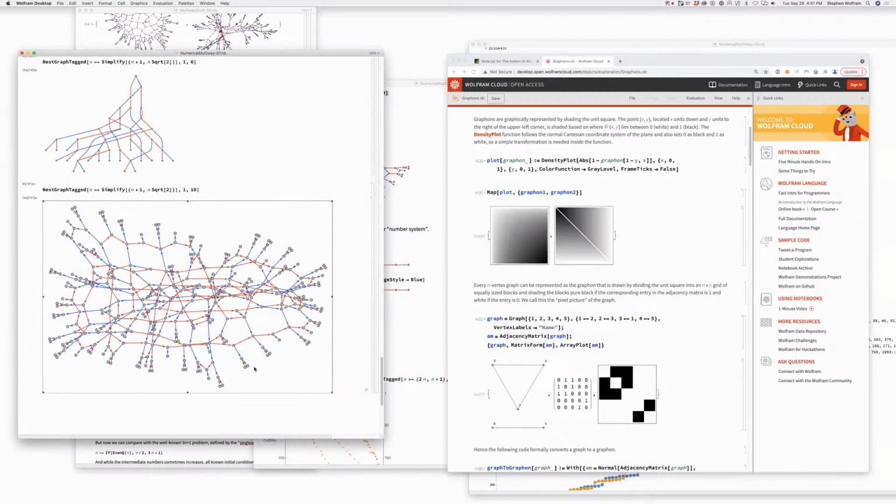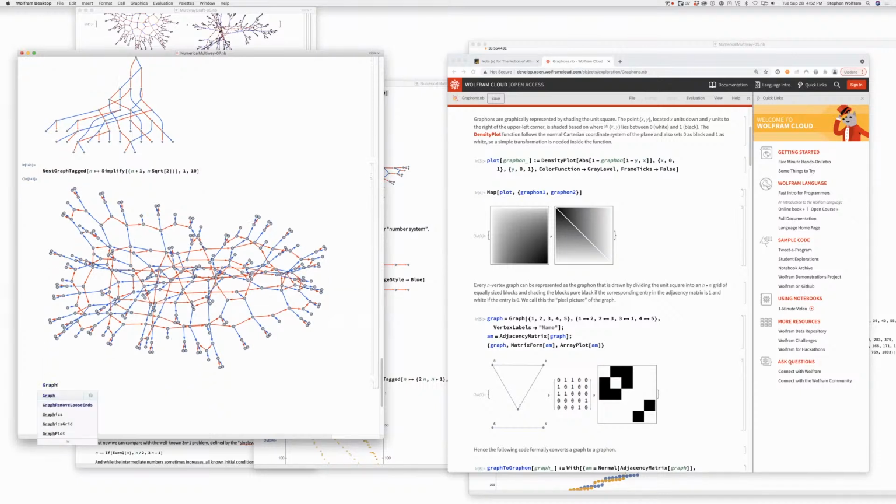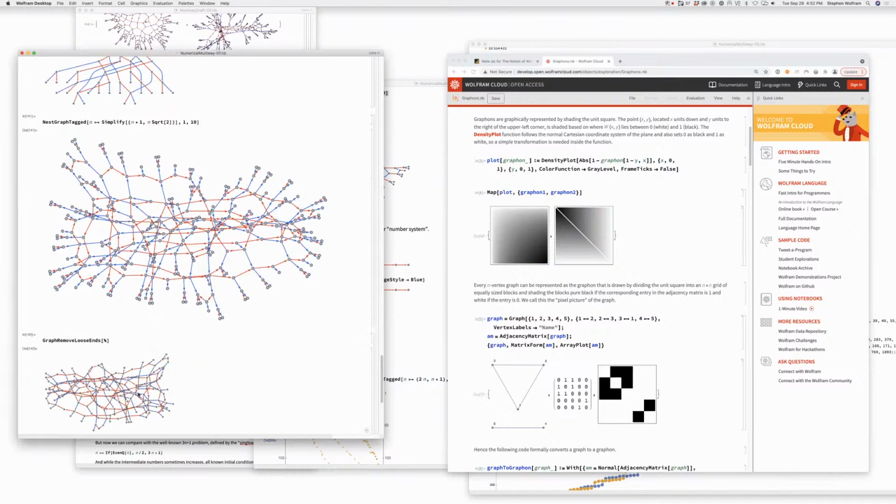So the claim would be, oh, that's kind of interesting actually. Well, that's interesting. I hadn't thought of that before.